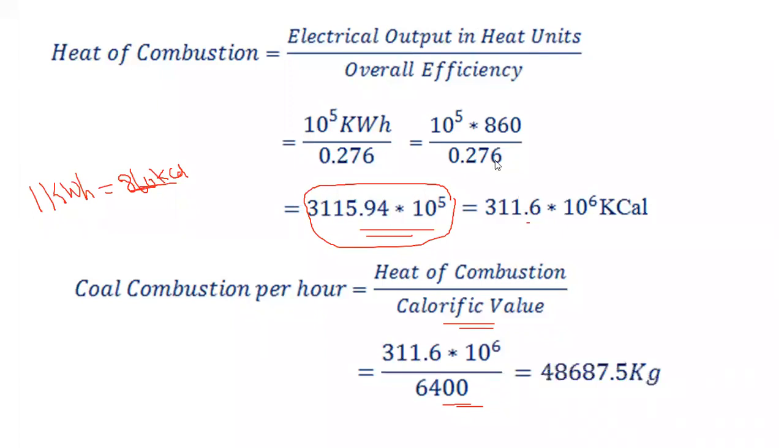Simplifying this, we get the answer 48687.5 kg. This much coal is utilized in 1 hour to generate power.